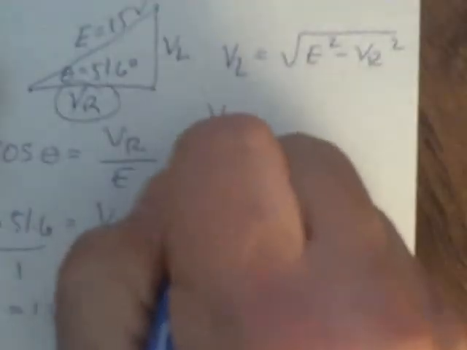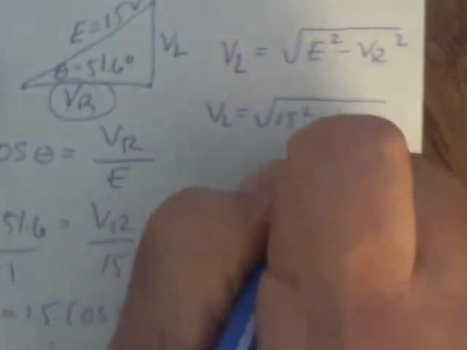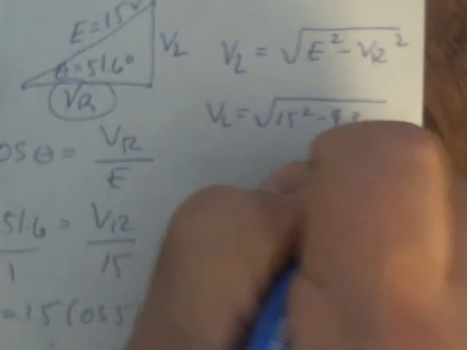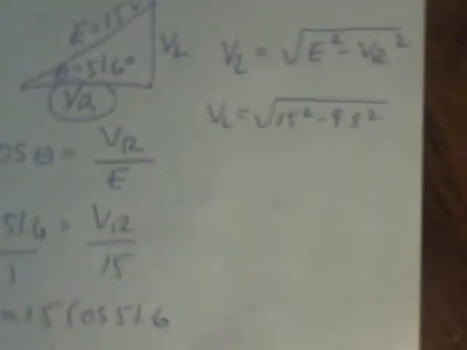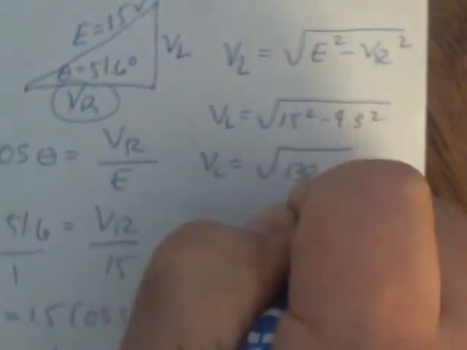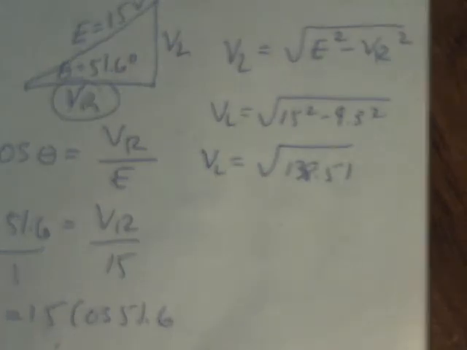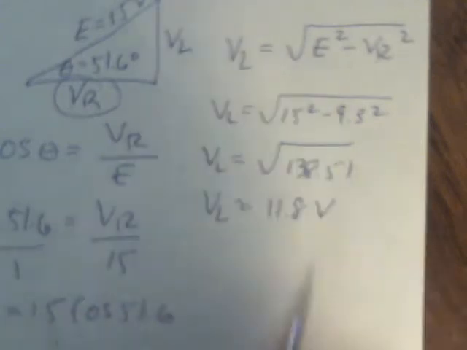So V sub L is going to be the square root of 15 squared minus 9.3 squared. So I get 138.51. Take the square root of that, and I get roughly approximately 11.8 volts.